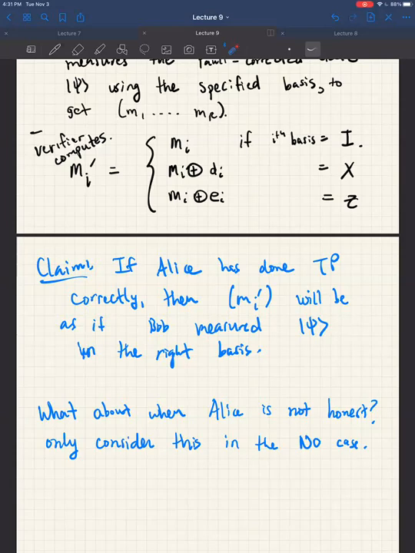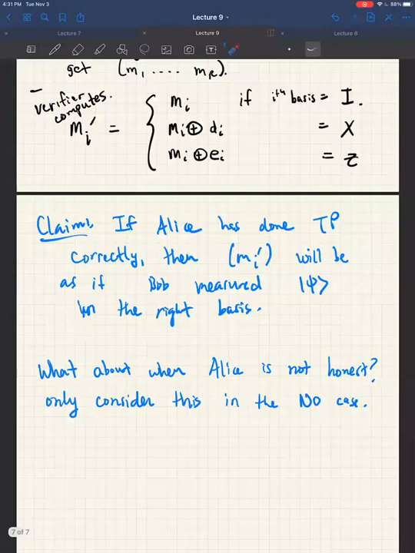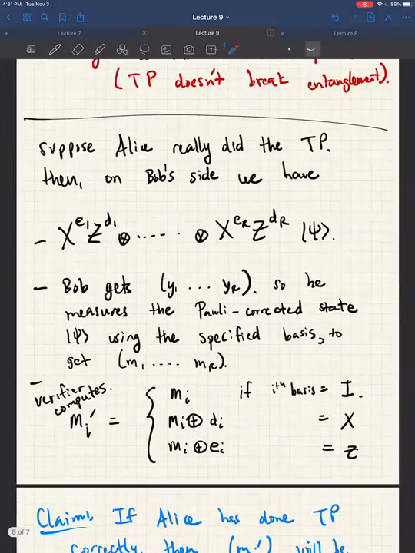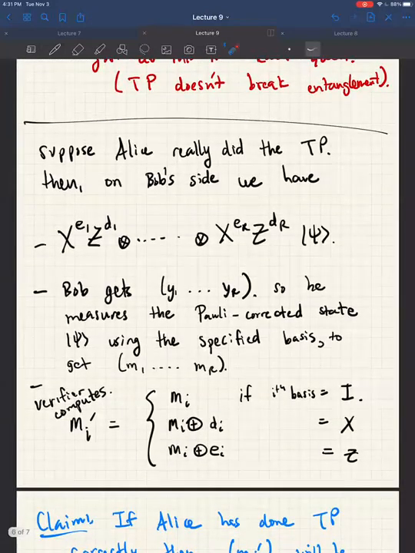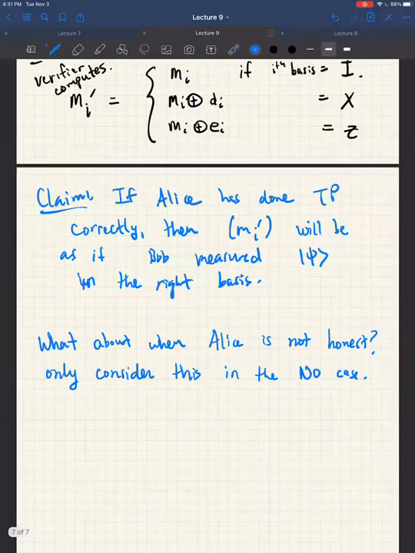So she's going to do whatever she wants to do. But it doesn't really matter, because she's going to generate some arbitrary sequence of teleportation keys E1, D1 up to ER, DR. And Bob is still going to do the measurement honestly, because we forced him to.